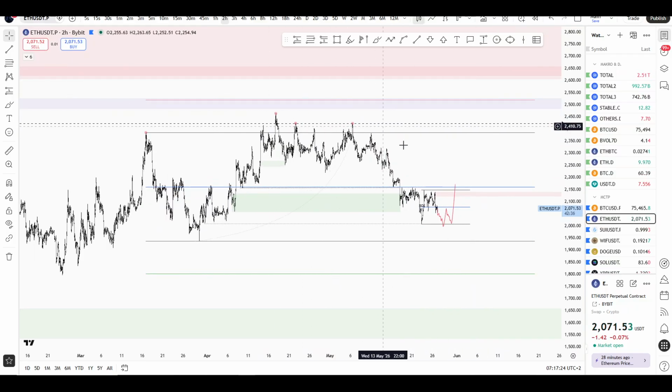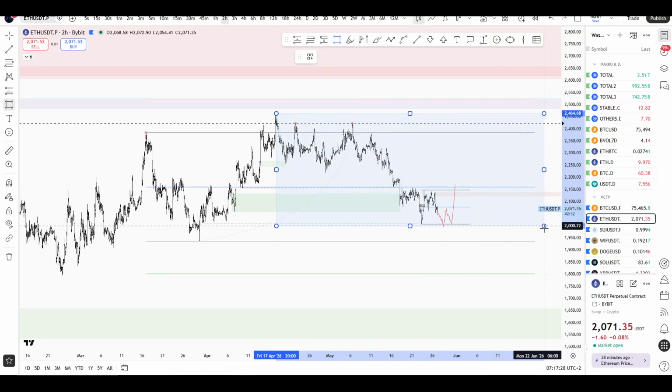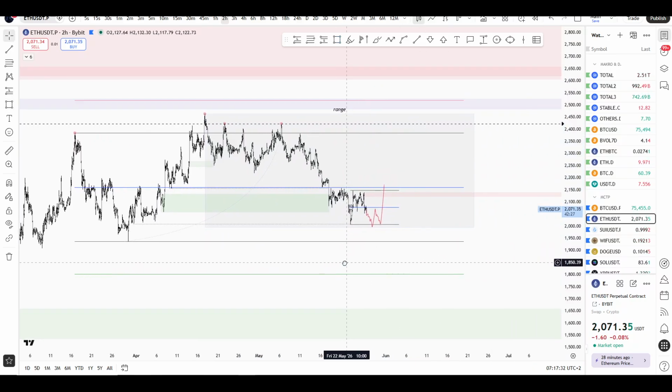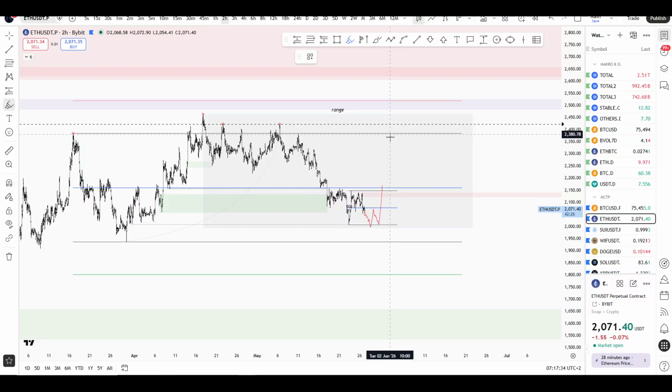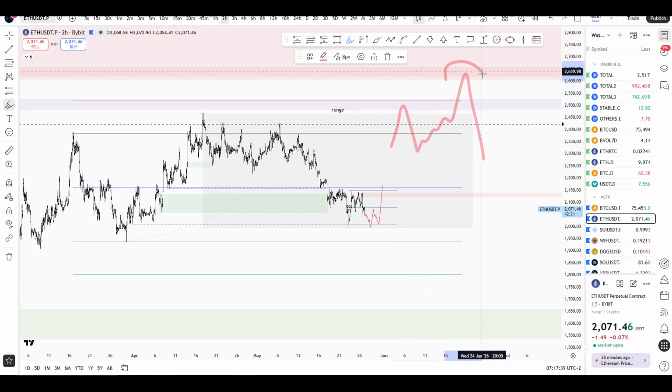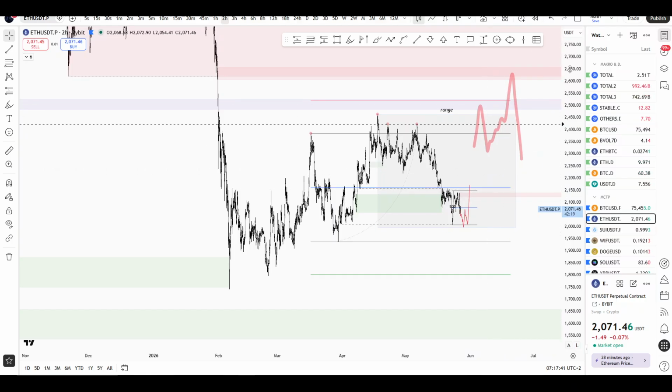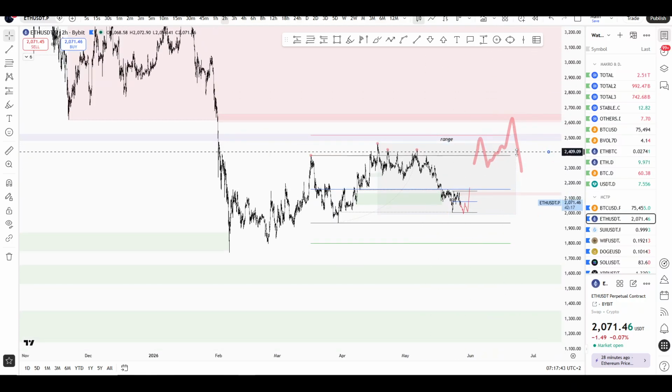We take out all this liquidity here, form a new range from here to here, come up, maybe even go higher here and mitigate the supply, and then distribute.